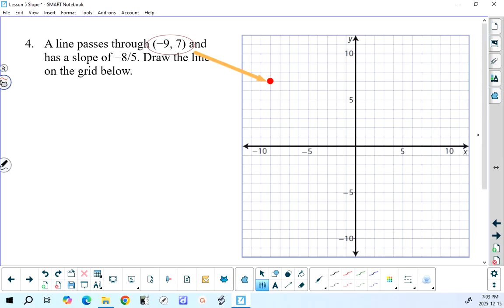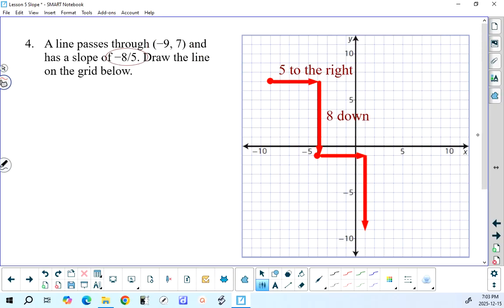If the slope is -8/5, you should know that from there we go 5 to the right and 8 down. -8 is on the top, it's the rise, which means we go 8 down, and the run is always positive, which is the bottom number, so you get -8 over 5. Boom, there's your line, and we're done the lesson.